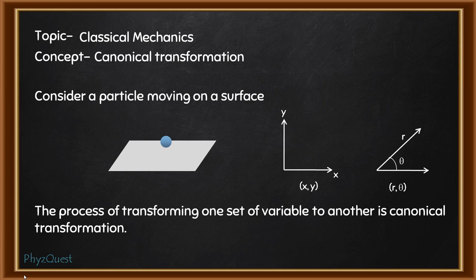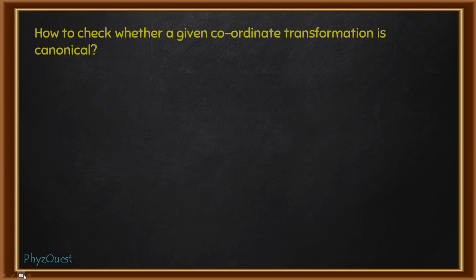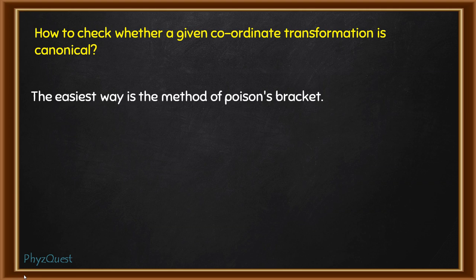Now how do we check whether the given coordinate transformation is canonical? There are different ways, but the easiest way is the method of Poisson's bracket. There is another method, that is Lagrange's differential form, but Poisson's bracket is the most convenient one.